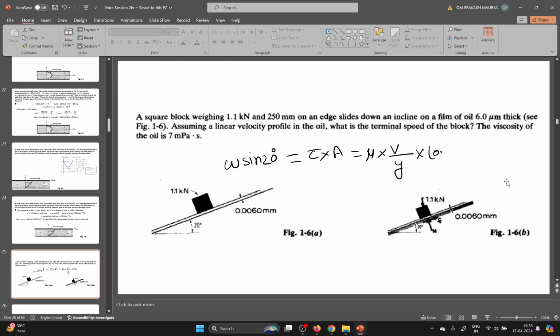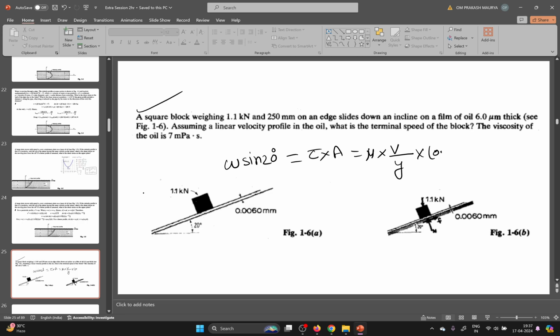Might be you are able to see this question. A square block of weight 1.1 kilonewton, the side of the square block is 250 mm, and the thickness of the oil is 0.006 mm, that is given in micrometer, and the viscosity is given as 7 milli Pascal second. So how will you calculate these things?